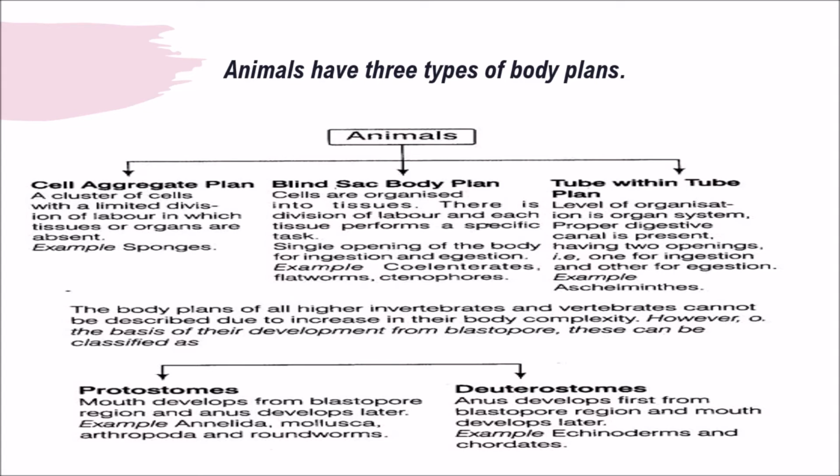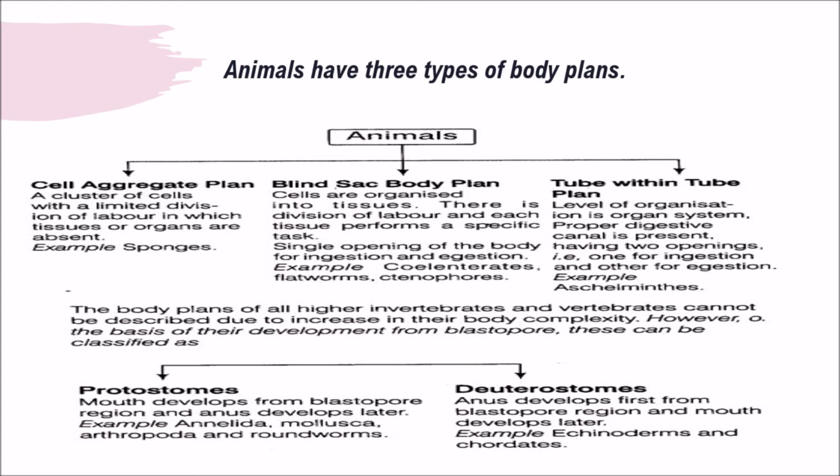They are classified into two types. If the mouth develops first from the blastopore, they are called protostomes, and if the anus develops first from the blastopore region and later the mouth develops, they are called deuterostomes.